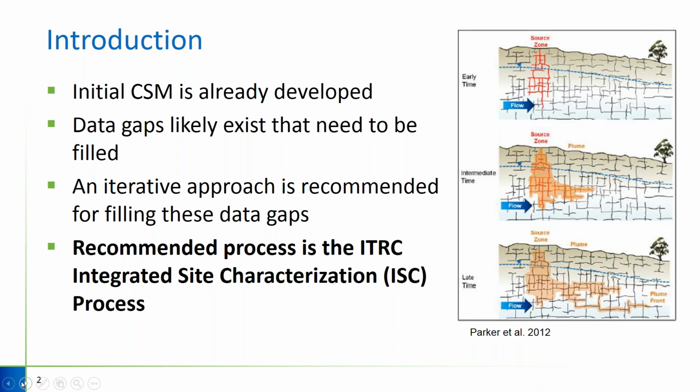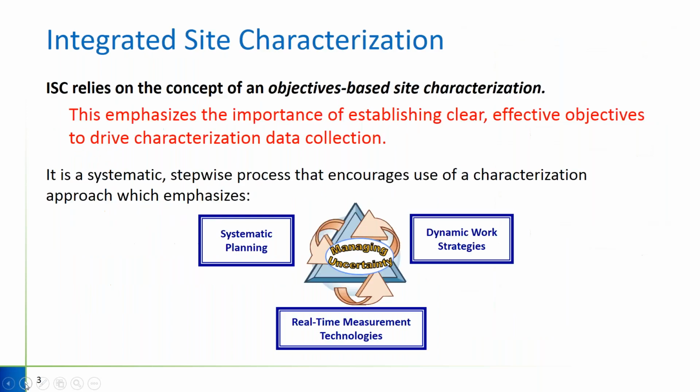This is all summarized in a recent ITRC guidance document that I'm going to refer to and use for portions of this session. That document is the ITRC Integrated Site Characterization Process, which came out in 2015. In that document, the ITRC came up with this concept of objectives-based characterization. So we're not talking about remediation objectives or cleanup goals here.